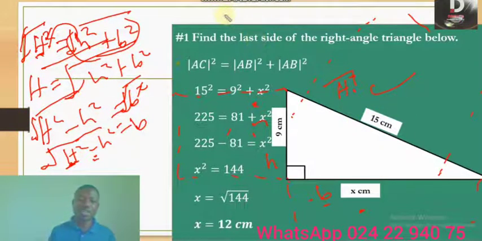Here, if I have 5, 4, and 3, these numbers are a Pythagorean triple. They satisfy it. Why? The longest part is always the hypotenuse squared. So hypotenuse squared equals 4 squared plus 3 squared. 5 squared is what? 25.